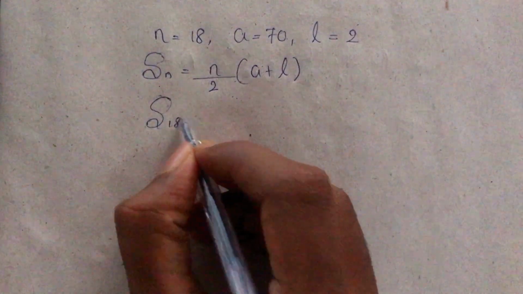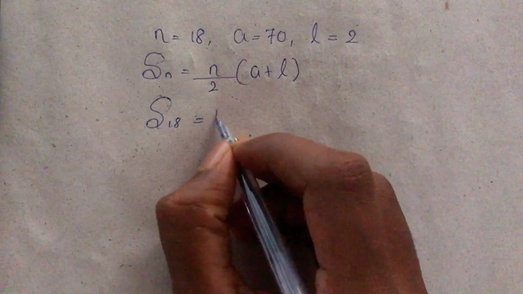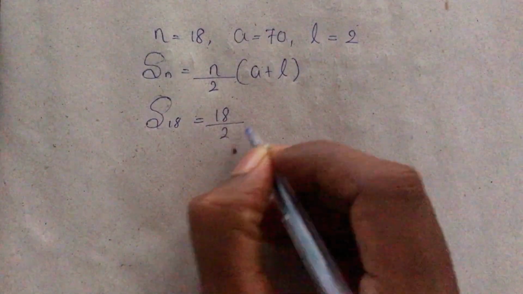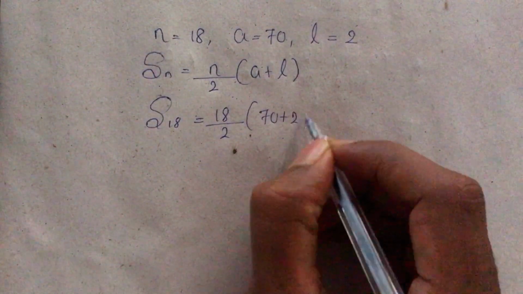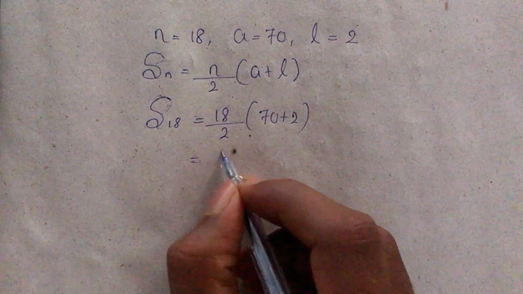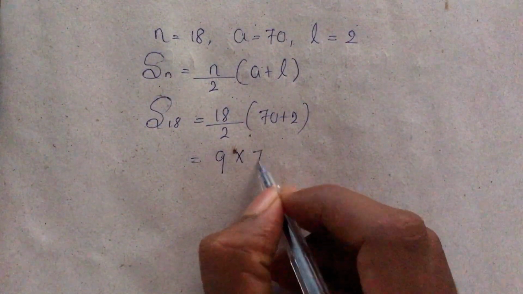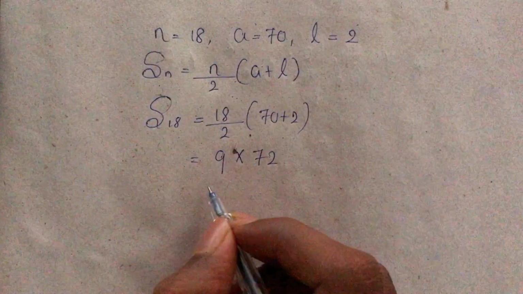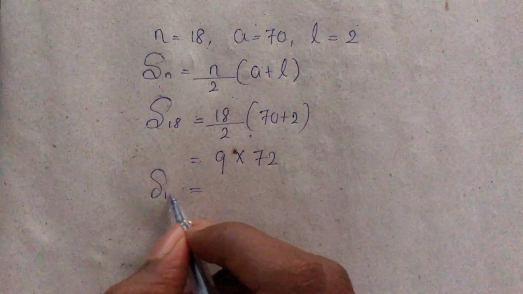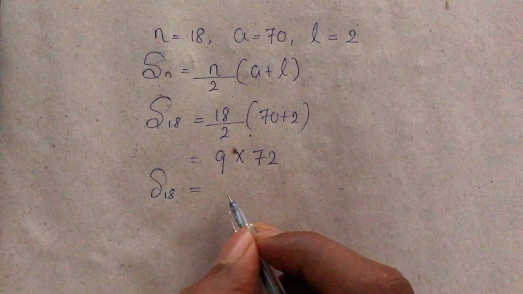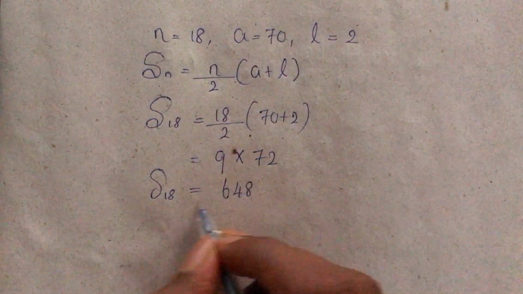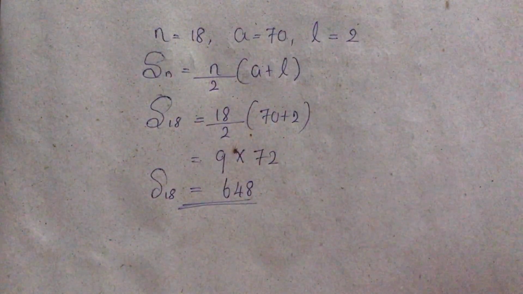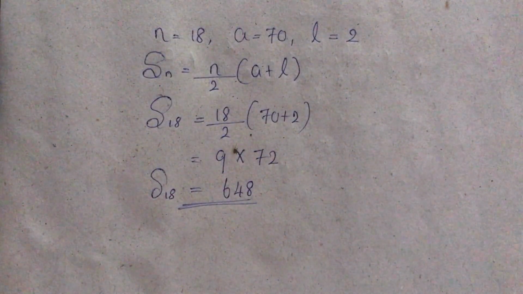Then substitute: S18 equals 18 over 2 times (70 + 2). Then it is 9 into 72. If you multiply this, you get the sum of the first 18 terms. It is 648. This is the sum of the first 18 terms.